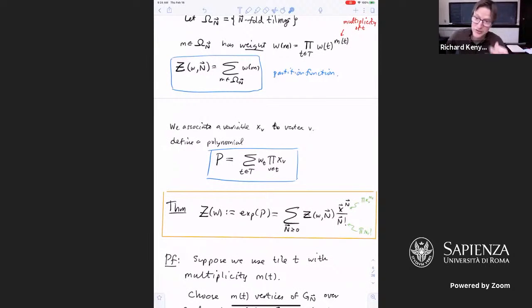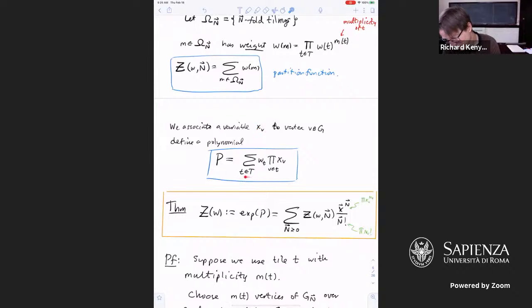Okay, and the first result is that there's a simple way to at least write a generating function for these quantities, the partition sum. And here it is. We're going to associate to every vertex v in the original graph G a variable x_v. And then we define a polynomial in the variables x.